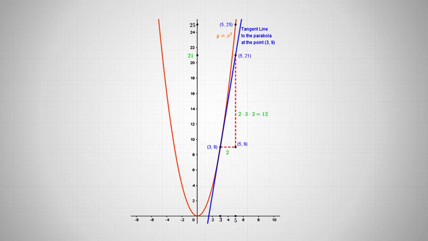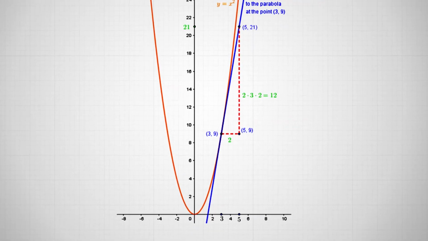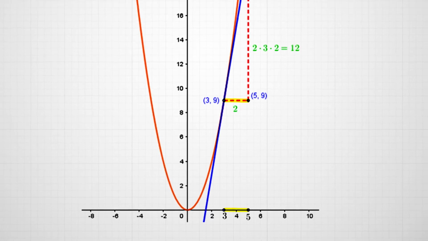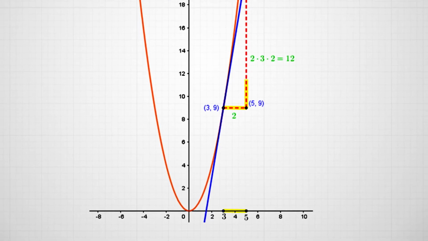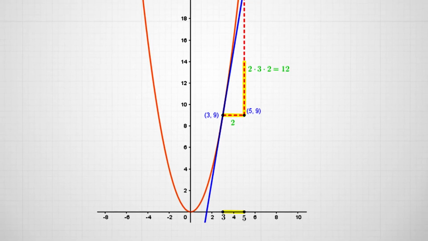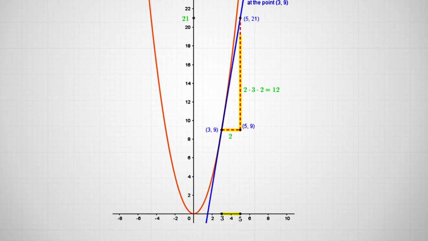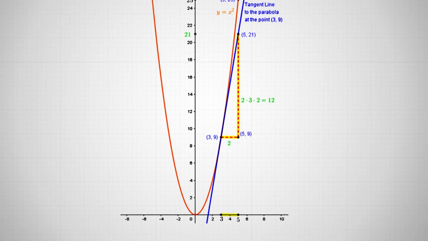For instance, a change of dx is equal to 2 units along the x axis, that is, x changes from 3 to 3 plus dx, which is equal to 3 plus 2, which is equal to 5. Then there will be a rise of dy is equal to 6 dx, which is equal to 6 times 2, which is equal to 12 units along the tangent.